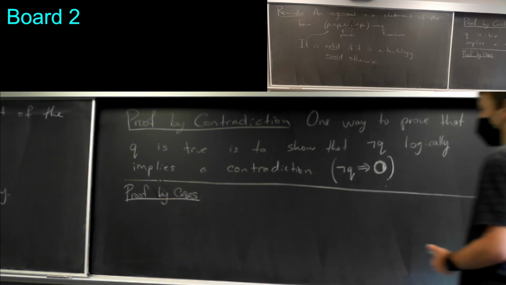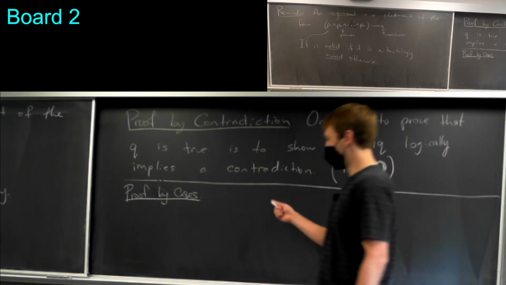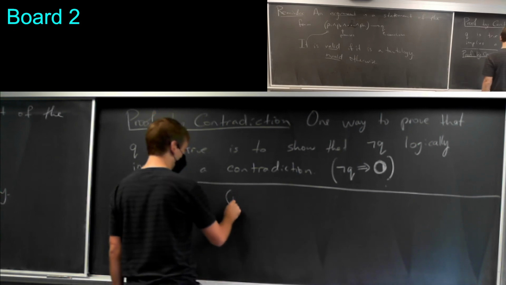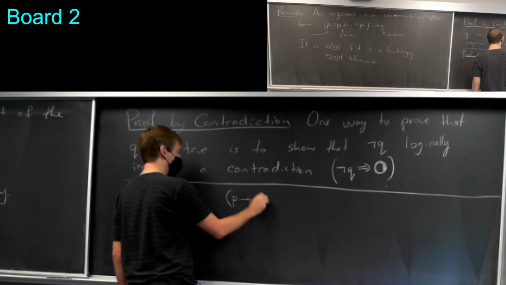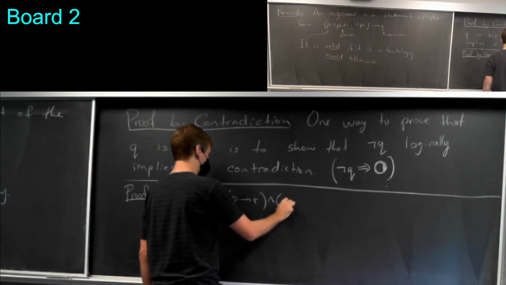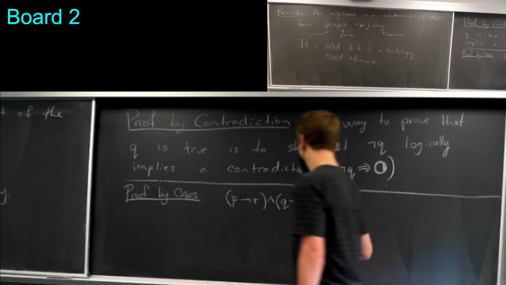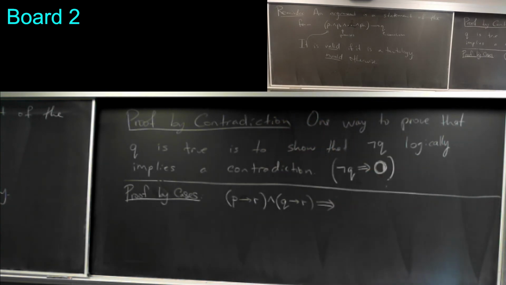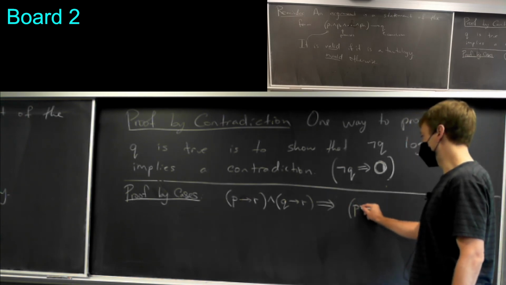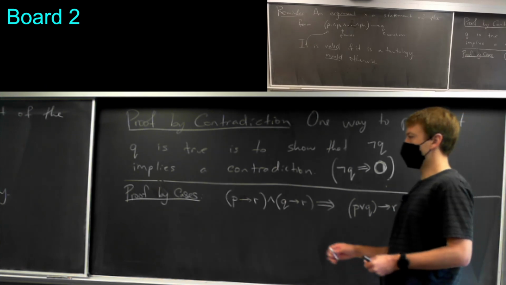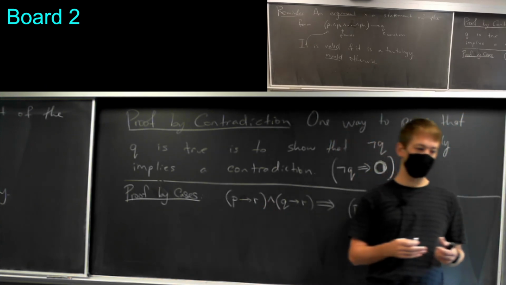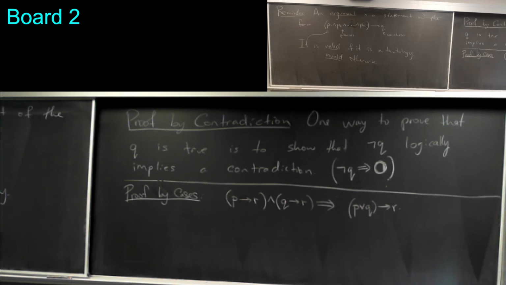Maybe I'll write it in symbols: if P implies R and Q also implies R, then that logically implies that P or Q implies R. In words, suppose if I assume P is true, then I get that R is true.